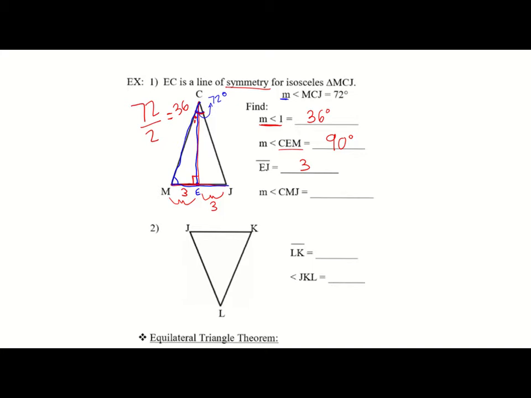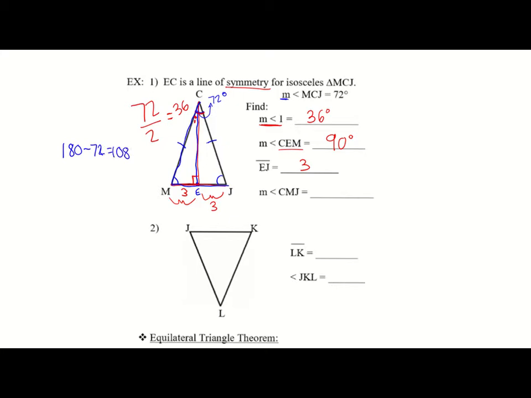So if this is my isosceles triangle, if I know that these two sides are the same, then I know that these two angles are the same. So if I know that my top angle is 72 degrees, there are 180 degrees inside of the triangle. If I already use 72 of them, take away 72 and I'm left with 108.